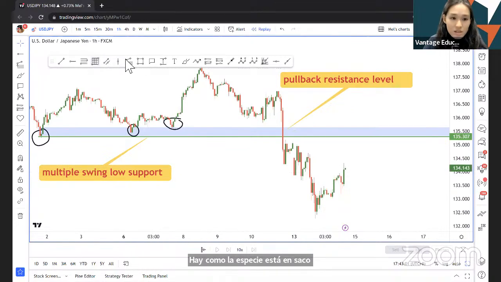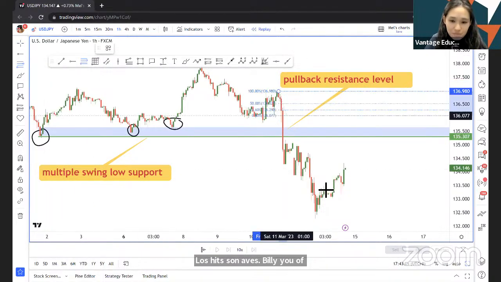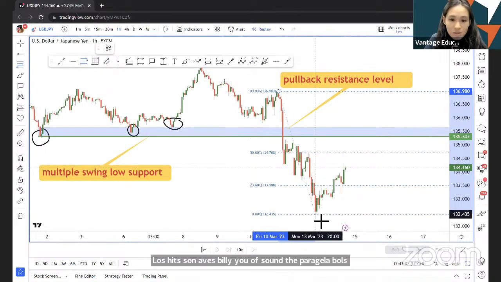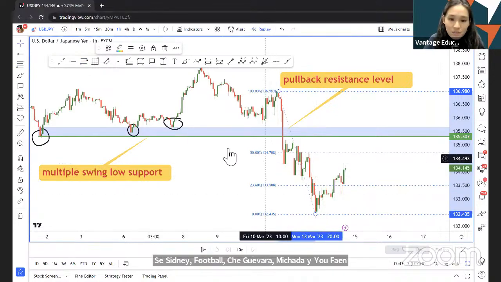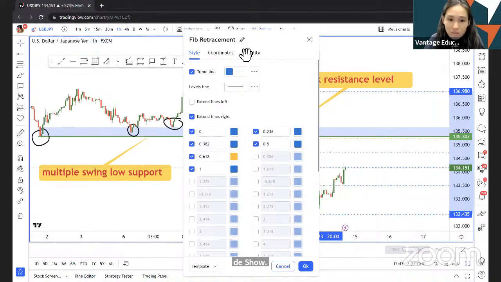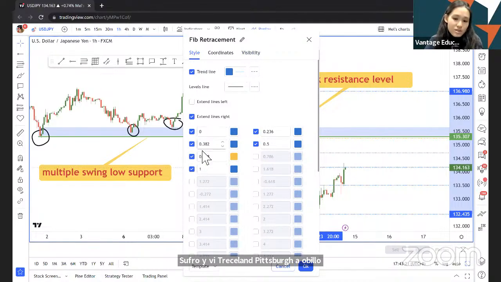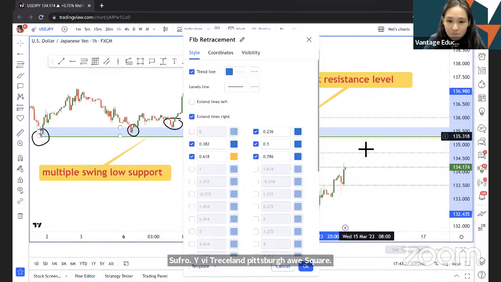Now let's make use of some Fibonacci levels. Same thing for Fibonacci, you want to make sure that you find clear market structure as well. For a retracement, which is what I'm looking for now, we typically use these five levels.